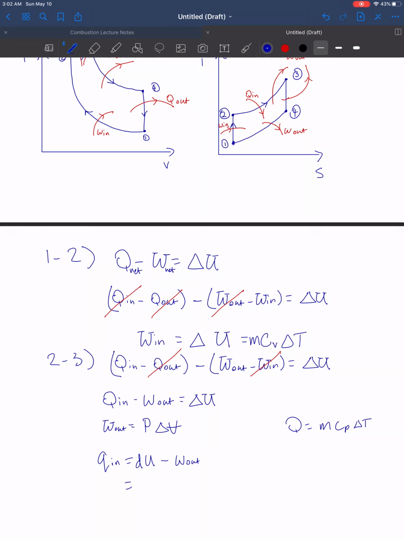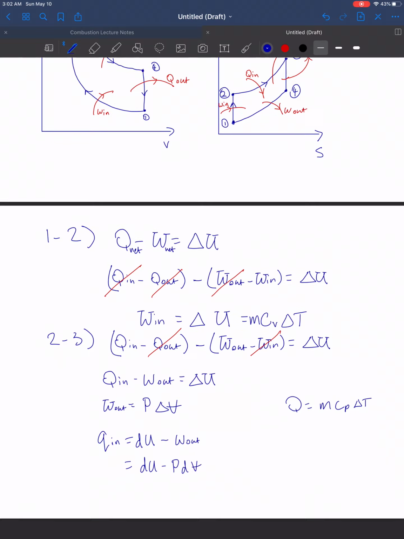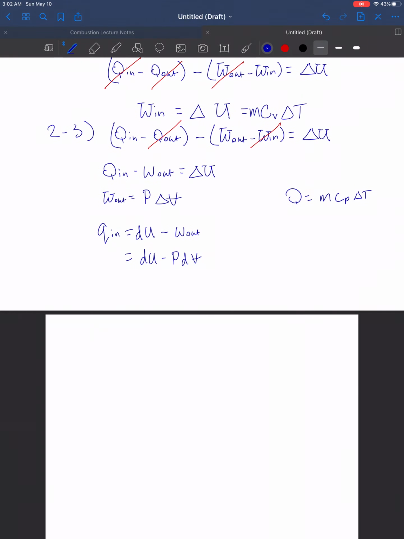So my du, remember I just said that work is equal to P, now I'm going to change these to d's, P dV, and d really just means we're integrating, right? Just bear with me, okay? Now du minus P dV I can also say is equal to du minus PV.